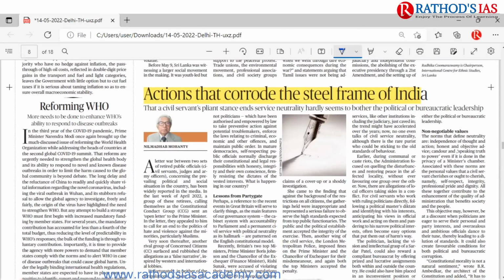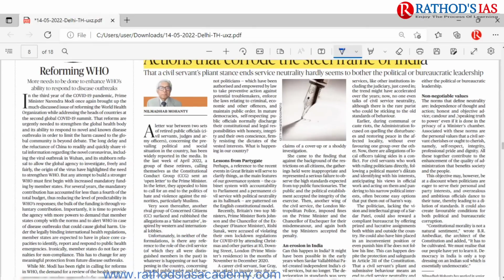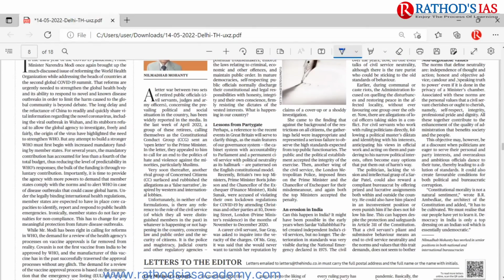What happened recently is that some civil servants wrote a letter to our justice regarding Muslims. Because this is in the news, you need to know about articles regarding All India Services, and you need to know about some important foundational values for a civil servant from your ethics point of view, that is integrity, honesty, neutrality, impartiality, dedication to work.